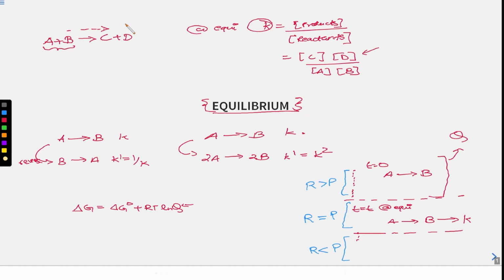Our situation will always favor equilibrium. So if we are over here, we'd want to go in this direction, and if we are over here, we'd want to go in this direction. So this would be a forward direction reaction, because you are forming products, and this would be a backward direction reaction, because you are forming your reactants.